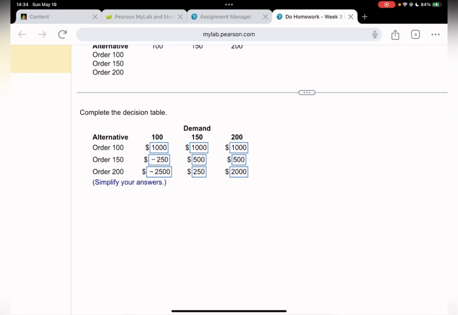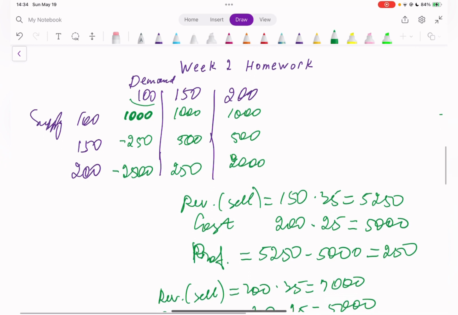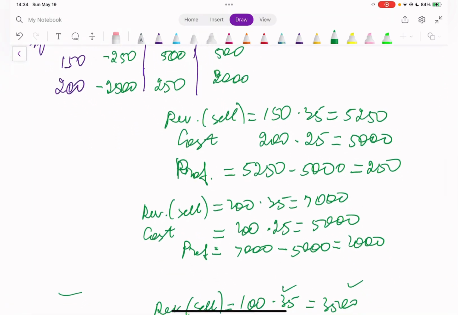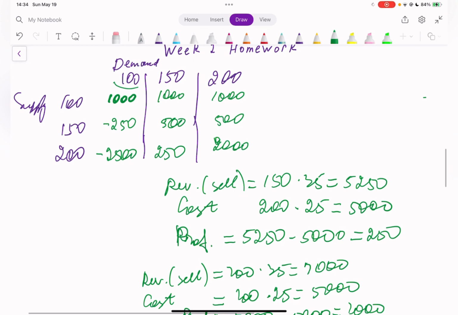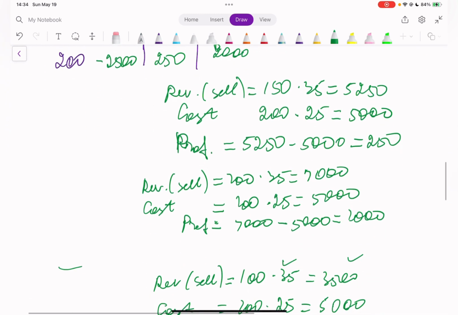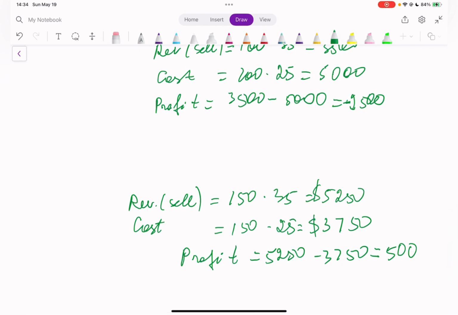Actually, we can do the math ourselves. All right, 150, 150. Where is our 150? So 200. Here is 150.